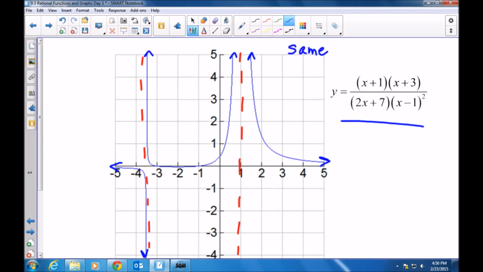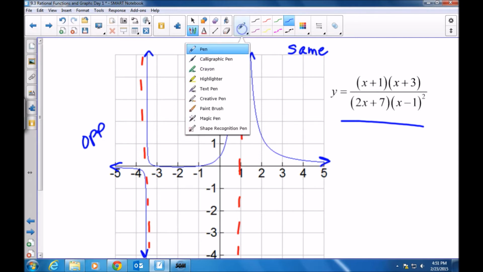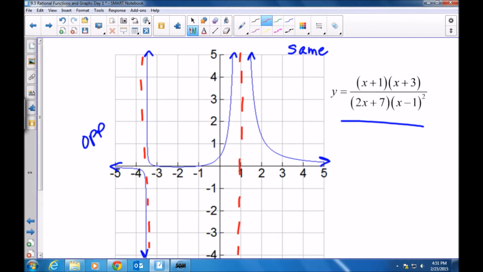What I'd like to point out to you is something called same behavior and opposite behavior. When I talk about same behavior and opposite behavior, I am talking about behavior around the vertical asymptote right here. If you notice, I wrote the word same because both of those arrows are pointing in the same direction around this vertical asymptote. Then there is something called opposite behavior.